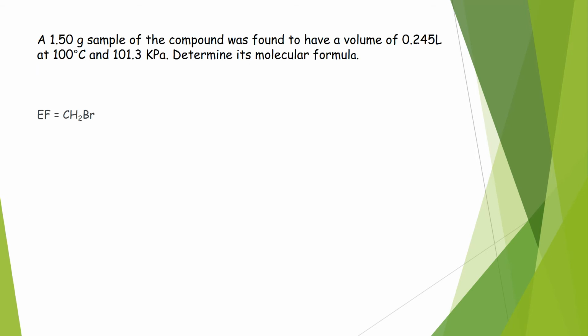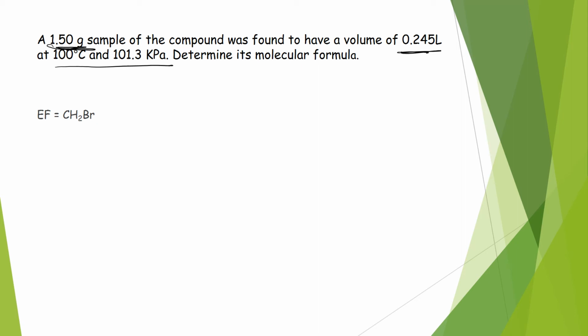So now that we've got the empirical formula, we're up to finding what the molecular formula is. Now to do this, we have to find its molar mass. So we have to use the information provided. We've been told that a 1.5 gram sample occupies 0.245 of a litre at 100 degrees Celsius and 101.3 kilopascals.